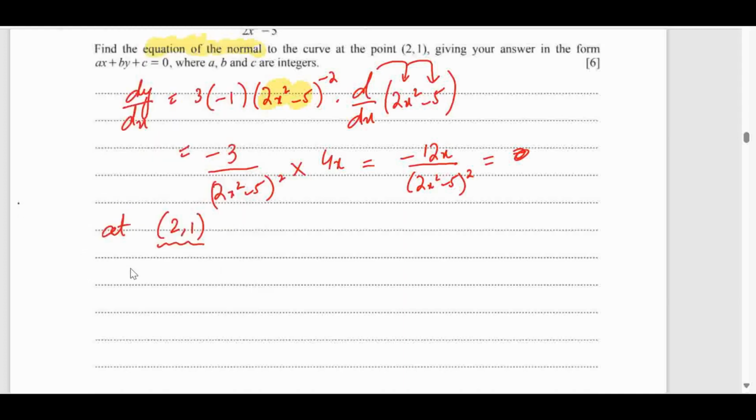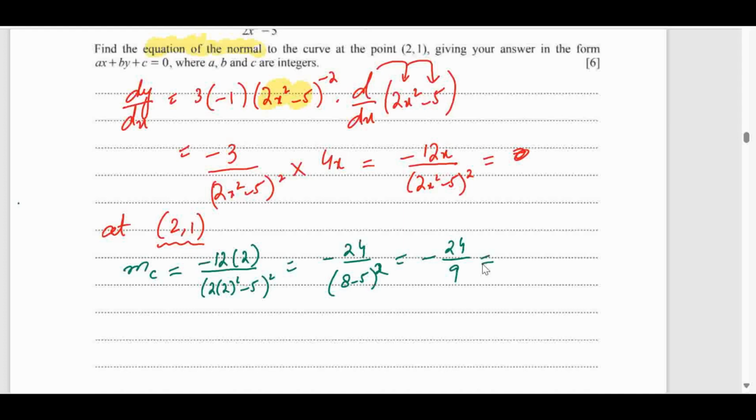The gradient of the curve will be equal to −12 into 2 divided by (2 into 2² − 5)², which means −24 divided by (8 − 5)², and this will be −24 divided by 3², which means 9.